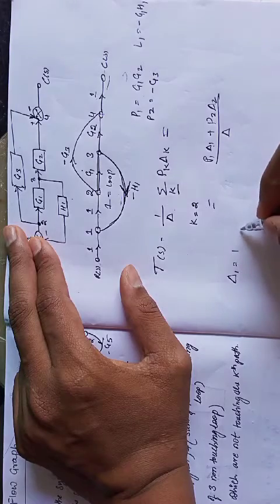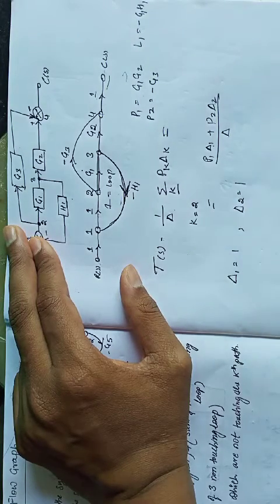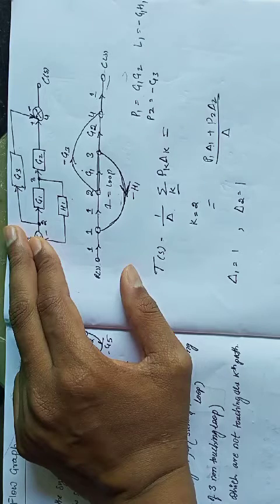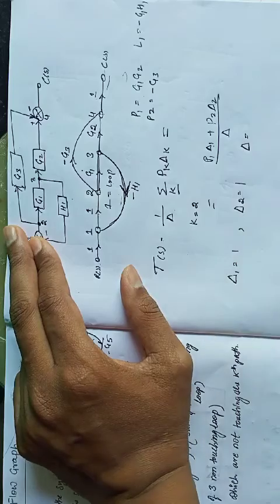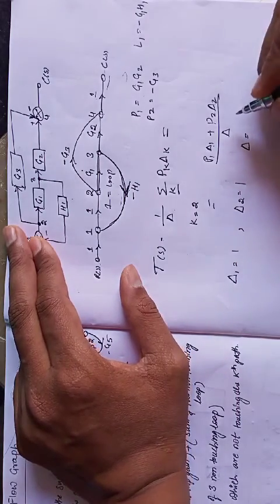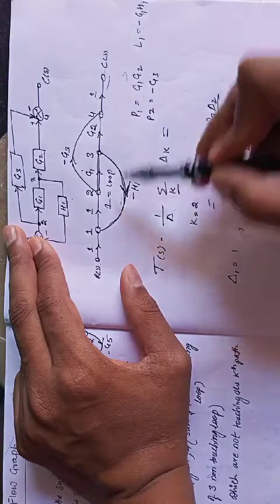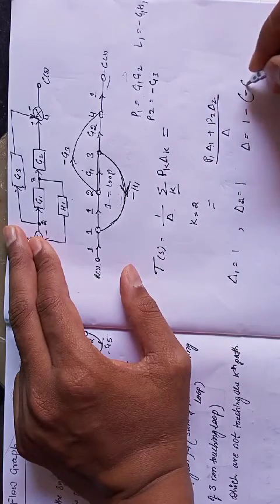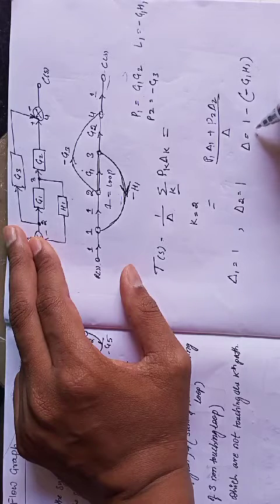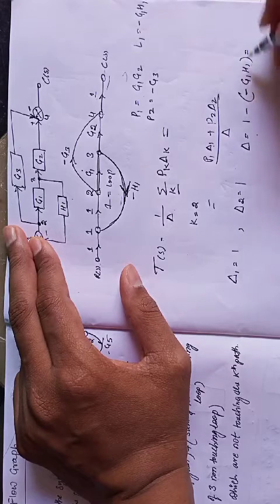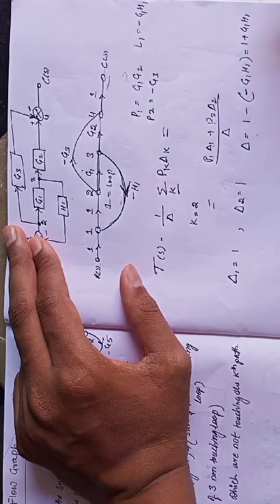Here delta 1 equals 1, and delta 2 again equals 1. And delta is 1 minus the sum of the loop gains, and only one loop gain is here, that is G1 into H1. Minus into minus is plus, so it equals 1 plus G1 H1.